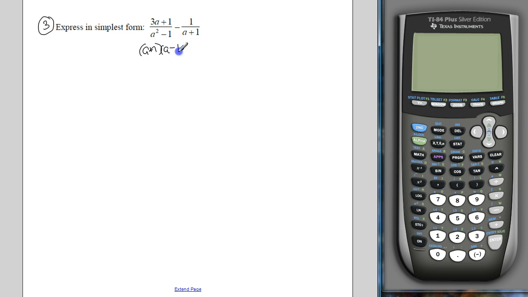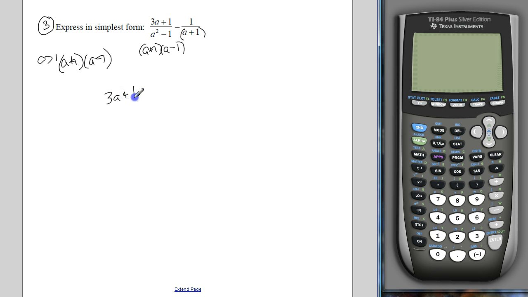It's difference of squares. And when I look at this, I say, hey, the only thing missing from the right-hand side is a minus 1. So my common denominator is a plus 1, a minus 1. So let's clean this up a little bit.